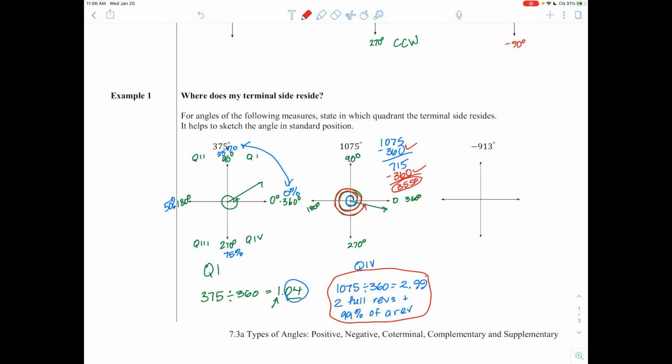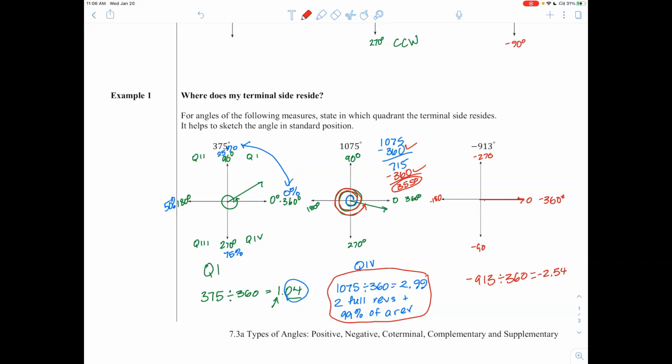Now let's do negative 913 degrees. So this time we're going to be rotating backwards, right? So negative 90, negative 180, negative 270, negative 360. If we're going backwards, how would we do this? We could take negative 913 and divide it by 360, and we get approximately negative 2.54 revolutions.